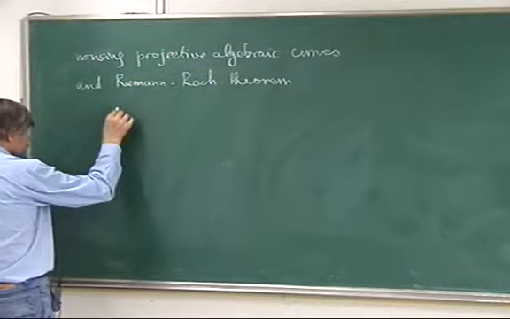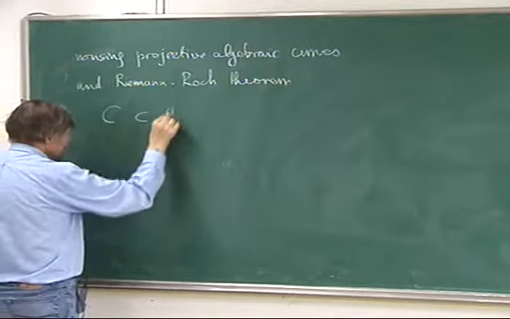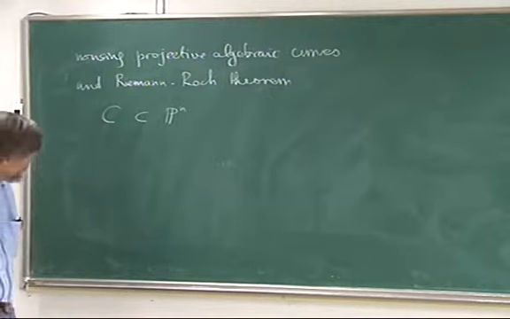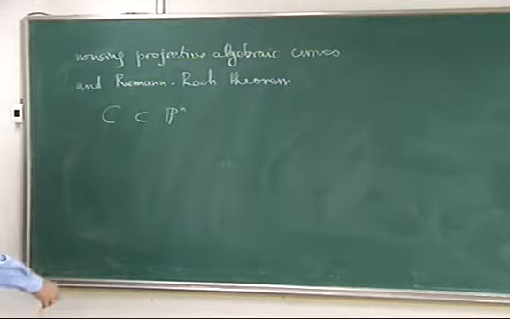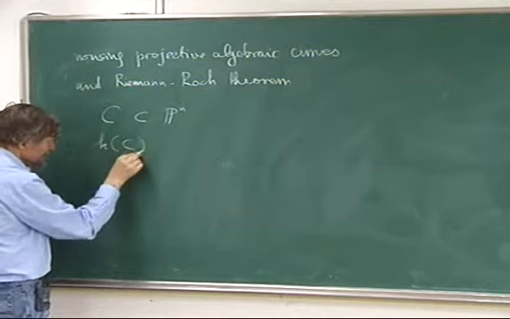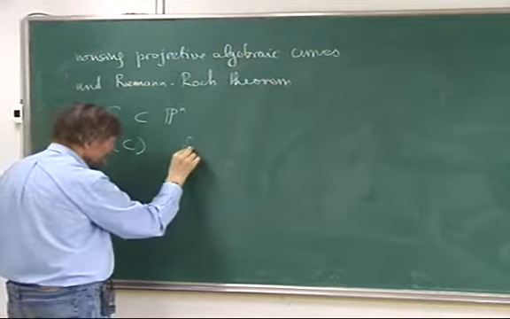So the picture is I've got C in Pn, so it's going to be given by a lot of equations. I have to do the background to it. We can talk about functions on C. So this is the function field.